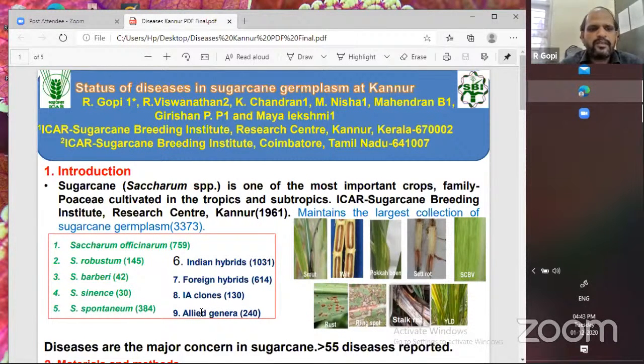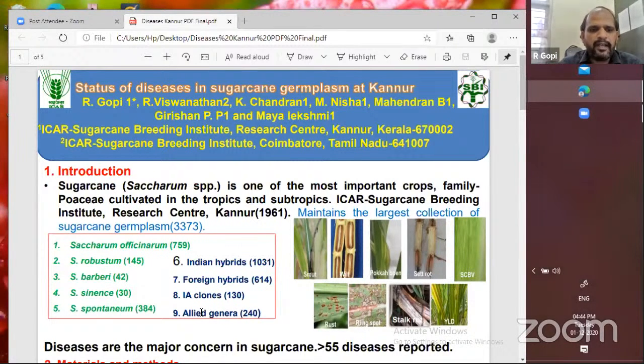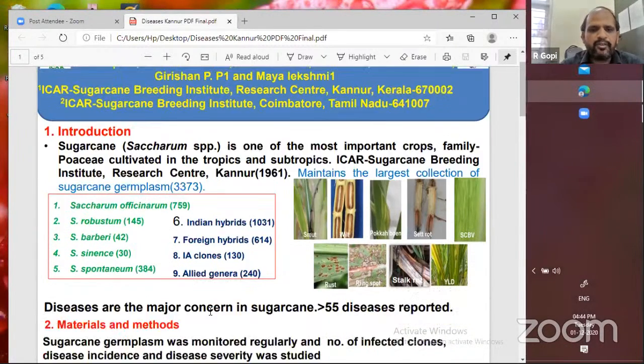It consists of 5 Saccharum species and different hybrids, inbred clones, and allied genera. Diseases are the major concern in sugarcane. More than 55 diseases have been reported in sugarcane. Most importantly, smut, wilt, pokkah boeng, sugarcane bacilliform virus, rust, ring spot, and stalk rot are reported from ICAR Sugarcane Breeding Institute Research Centre, Kannur.